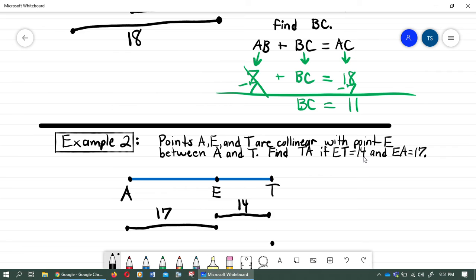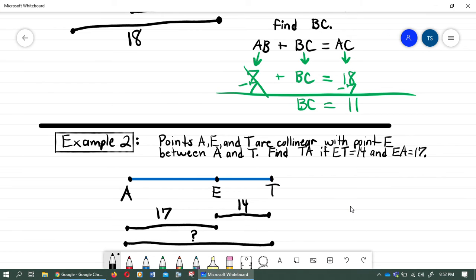TA, a teacher's assistant. Wow. Okay. Anyway. All right. So they want you to find the length of TA.